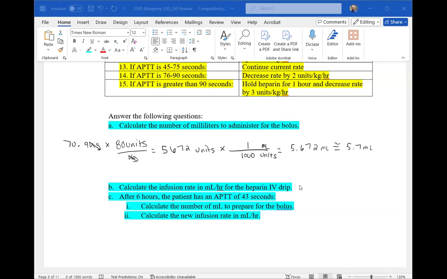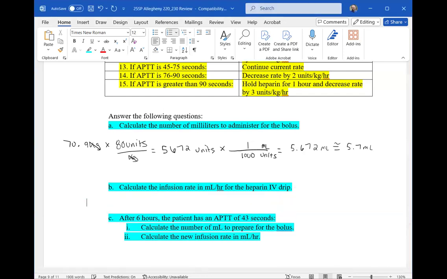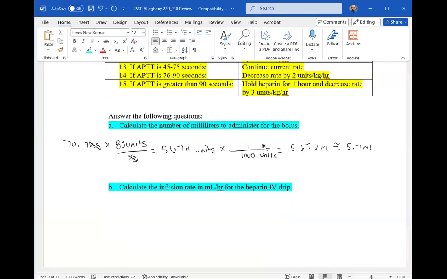You're going to see A, and then you're going to see B. You're most likely not going to see C on this particular question. What they want to know is, can you calculate a bolus and can you calculate an infusion rate? That's what they're testing you on. And after we do this, you'll be able to.